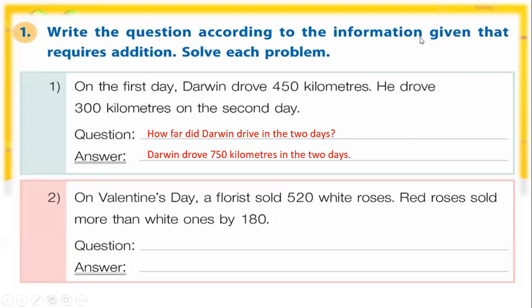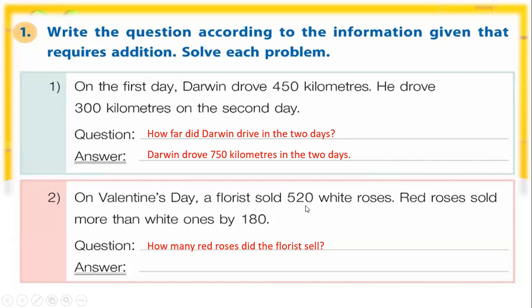Can anybody tell me, students? We can make a very simple question: how many red roses did the florist sell? Because we already know the florist sold 520 white roses, and red roses sold were 180 more than that.